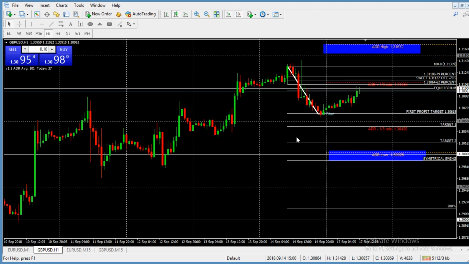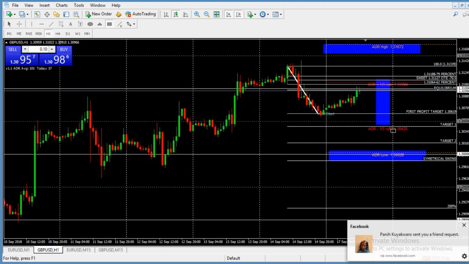So if the market is going down from where we are right now, we will be looking at selling the market from the data high after it breaks this zone. At least the market should come and break here and then come down to a data low.